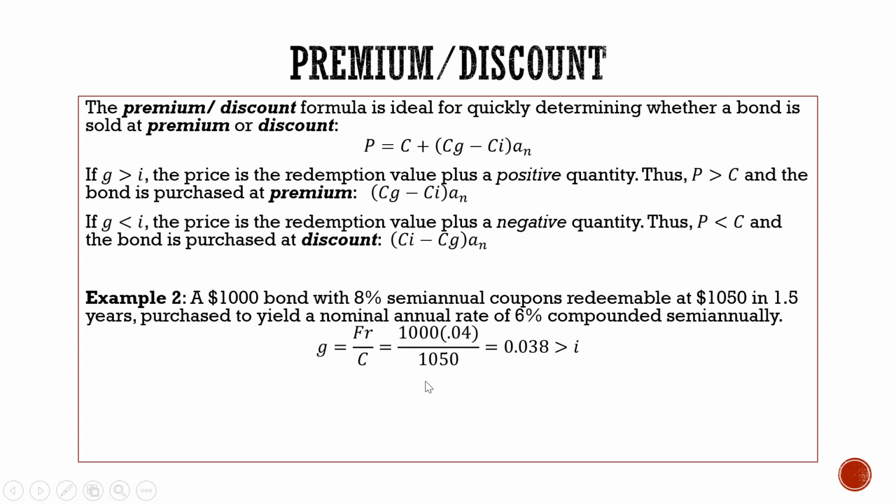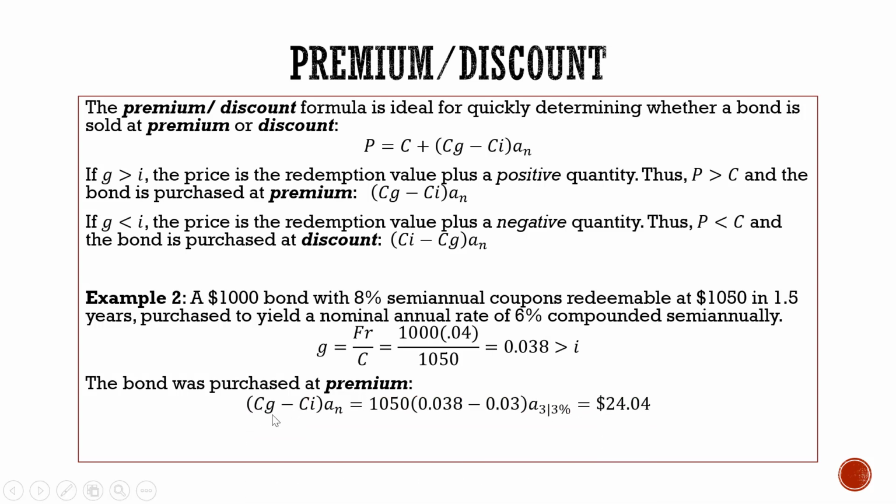So g is 1,000 times 0.04 over 1,050, which is 0.038. And this g, the modified coupon rate, is greater than i, the interest compounded at the end of each half year, because i here is 0.03. So the bond was purchased at a premium, and the premium amount is (Cg minus Ci) times An, which is 24.04.